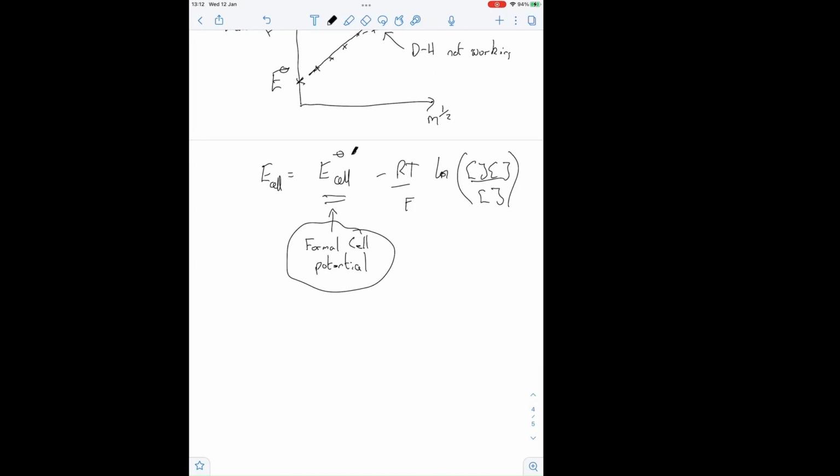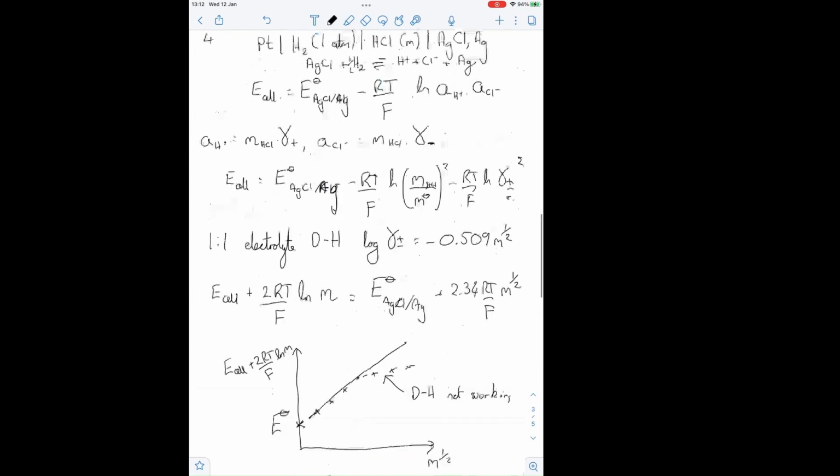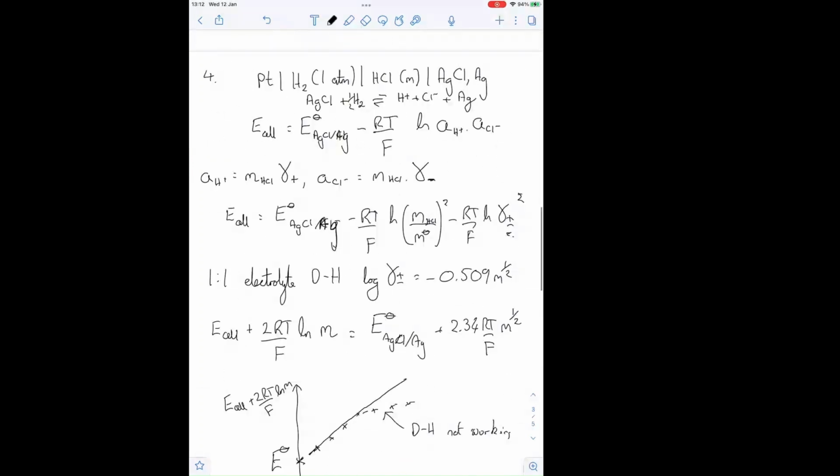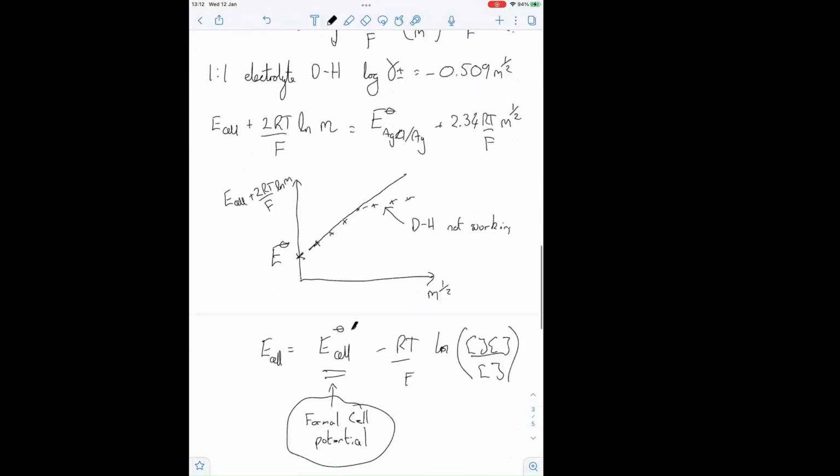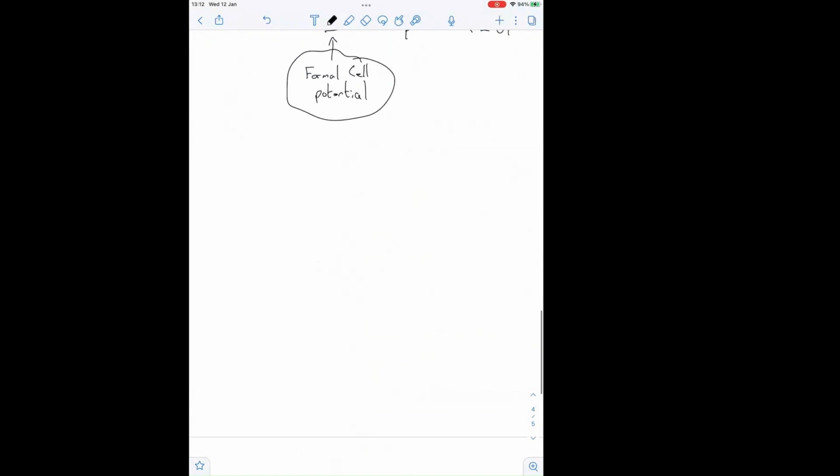But the other thing I want to say here is that what we've measured is the potential of the silver-silver chloride electrode. Once you've done the experiment accurately, a silver-silver chloride electrode is an alternate reference electrode, and reference electrodes are important.